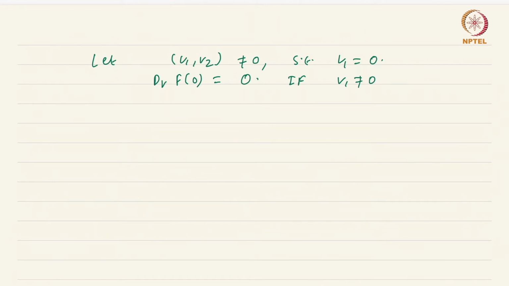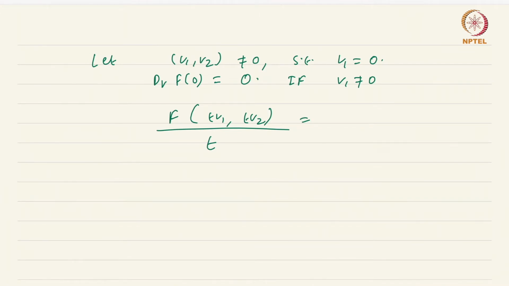we can compute f of (t v1, t v2) by t. This is what we want. This is going to give you the expression for the directional derivative at the origin in the direction (v1, v2).